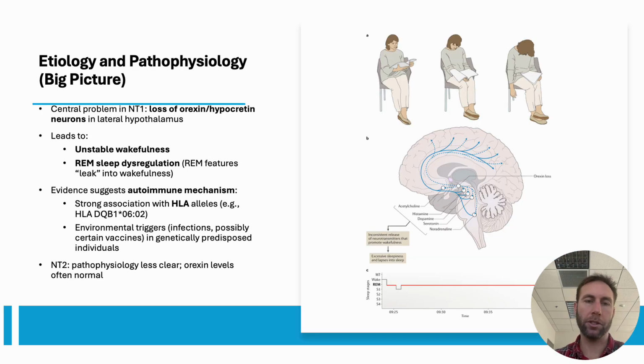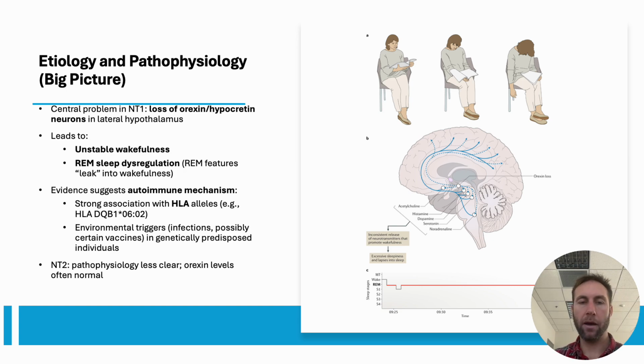So some etiology and pathophysiology. So in type 1 narcolepsy, we believe that there is a selective loss of orexin-producing neurons in the lateral hypothalamus. So without orexin, the brain has trouble staying steadily awake. And REM sleep features can appear at the wrong times. So these are basically sleep attacks. There are also some genetic markers and environmental triggers that suggest an autoimmune process may be at play here in many patients.